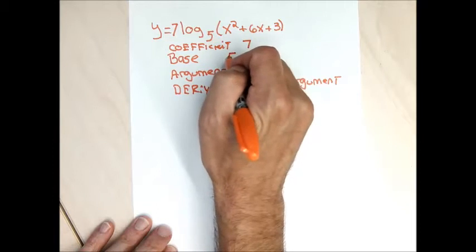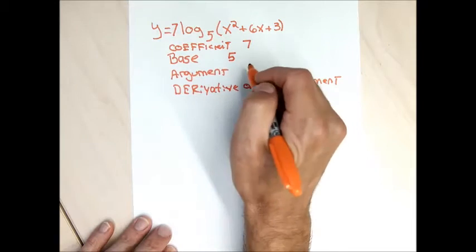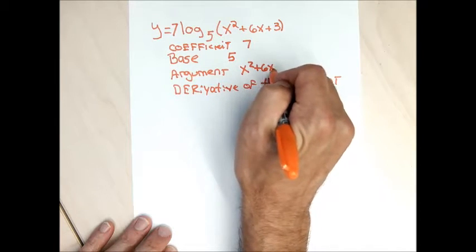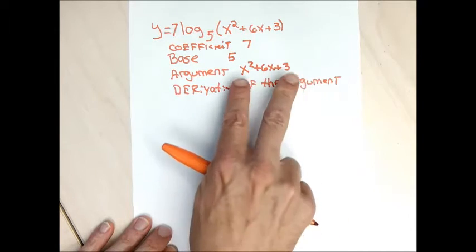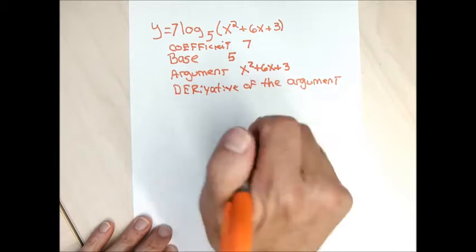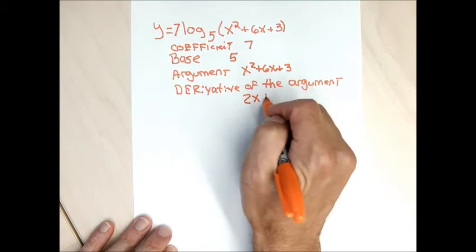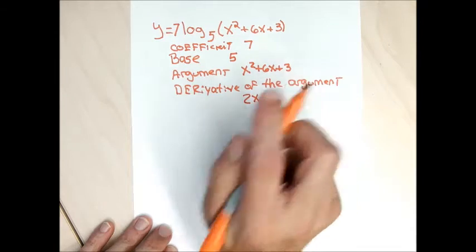The base is 5. The argument is x squared plus 6x plus 3, and the derivative of the argument: the derivative of x squared is 2x, the derivative of 6x is 6, the derivative of 3 is 0.